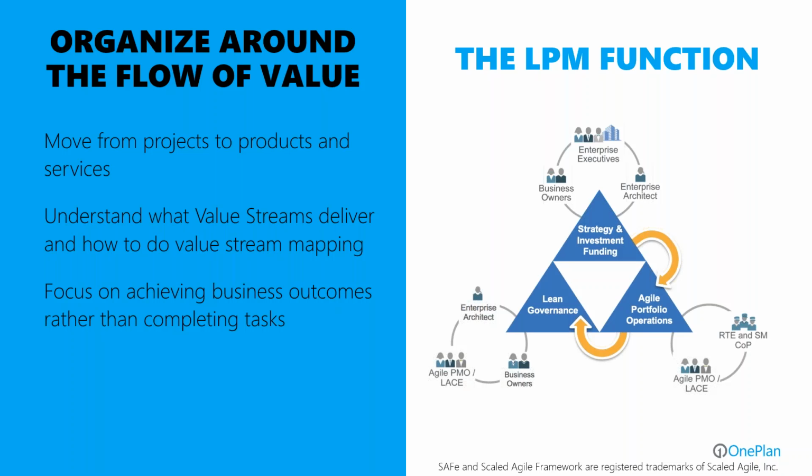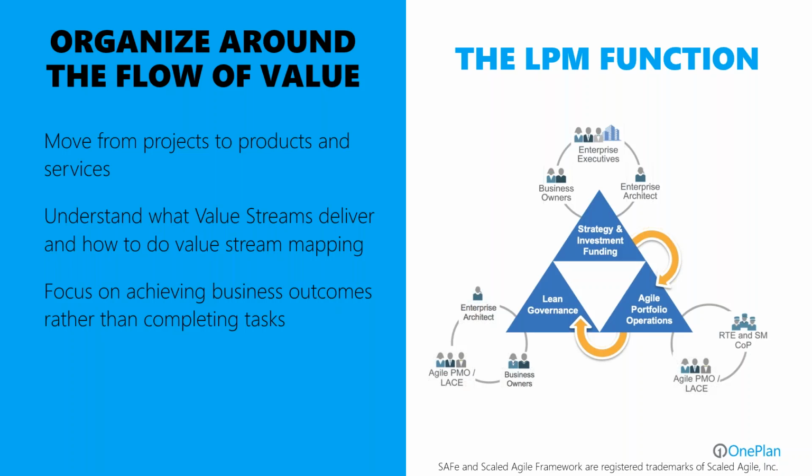And the magic triangle of the LPM function, and by the function I mean all the different people around the enterprise who have some kind of role to play, has three segments. First, strategy and investment funding. That's how we set objectives and key results and strategies for the organization and decide who gets how much money.